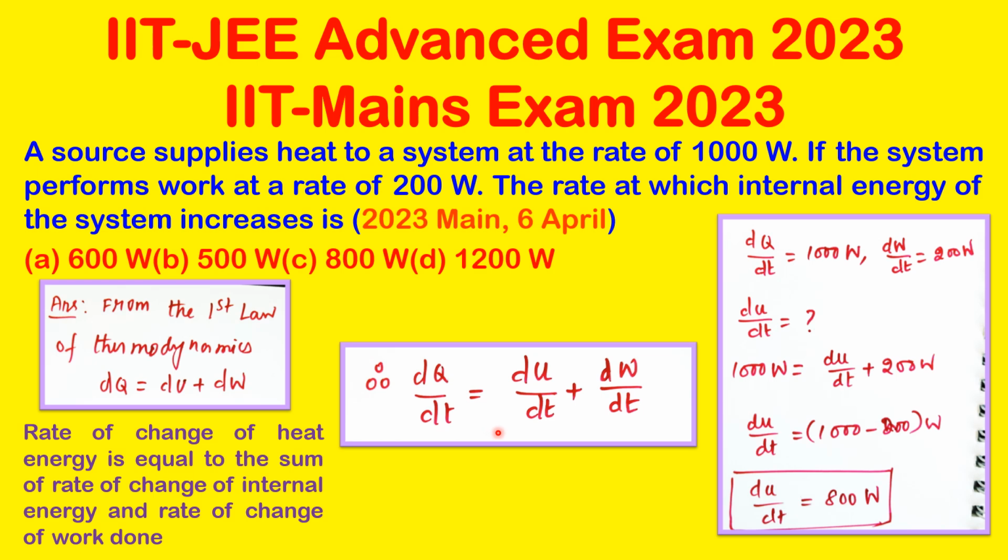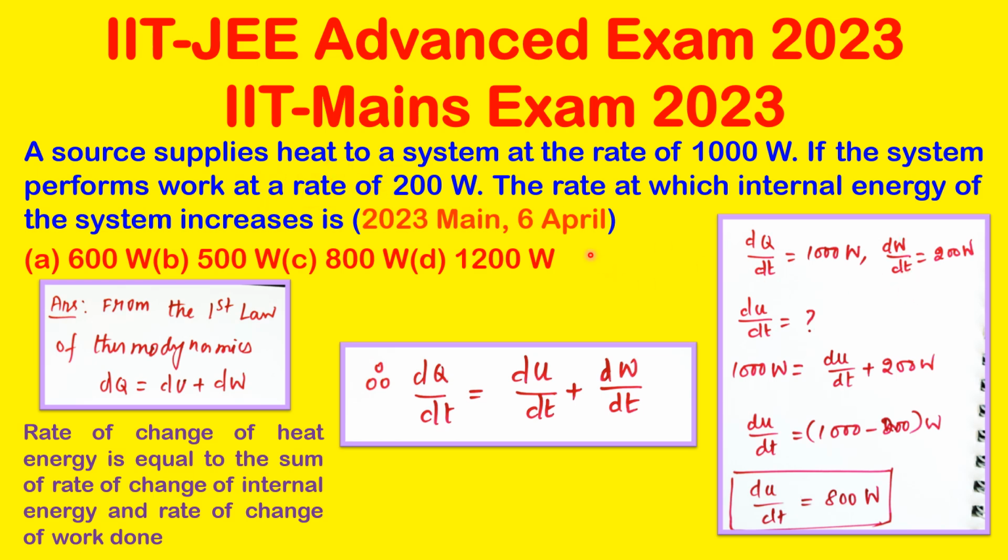This rise in internal energy we need to find out. We know that dq by dt is 1000 watt, since the heat source supplies this energy to the system to do some work. And dw by dt, the work performed by the system, is 200 watt.